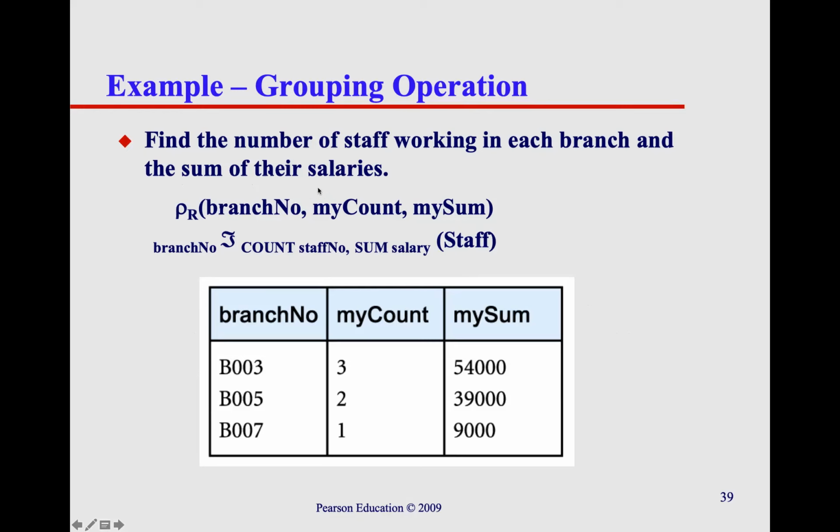And then, so what comes first is any grouping attributes you want. And then in order, the names to associate with each of the aggregate columns. So order is important here, because if you put my count first and then branch number second, it's a little bit confusing. So generally you put all the group by attributes that you want first, then a name for each of the columns.